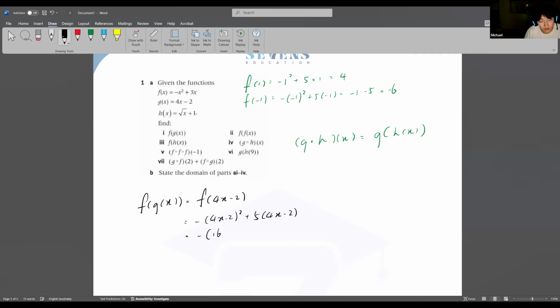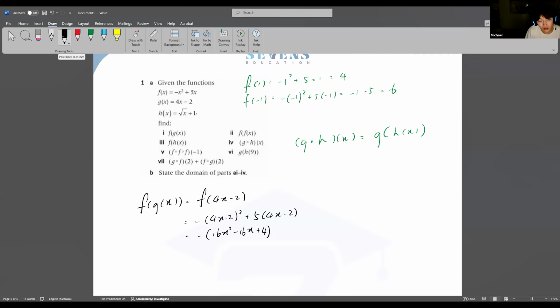So it's 16x squared minus... wait, am I right? Expand the squared term. That's the algebra I'm talking about. Although we're doing functions, we are practicing a lot of algebra here, and that is very useful. It's still 16x squared minus 16x and then plus 4.